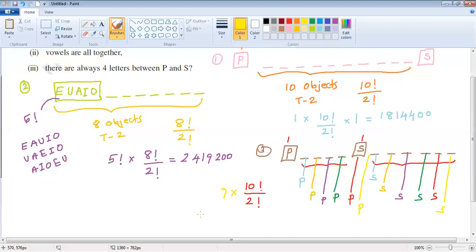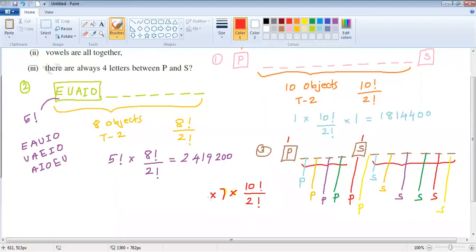But in 7 different ways we can arrange in such a way that there are 4 letters between P and S. So in each of those 7 cases, there are 10 factorial by 2 factorial arrangements. That is why 7 into 10 factorial by 2 factorial.